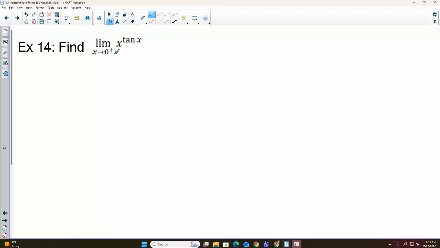All right. So if I plug this in, I currently have 0 to the tangent of 0, which is 0. So what do we do? A natural log. Can I go ahead and just write my tangent in front? Can I do that in one step? And I know I'll have e for my answer.